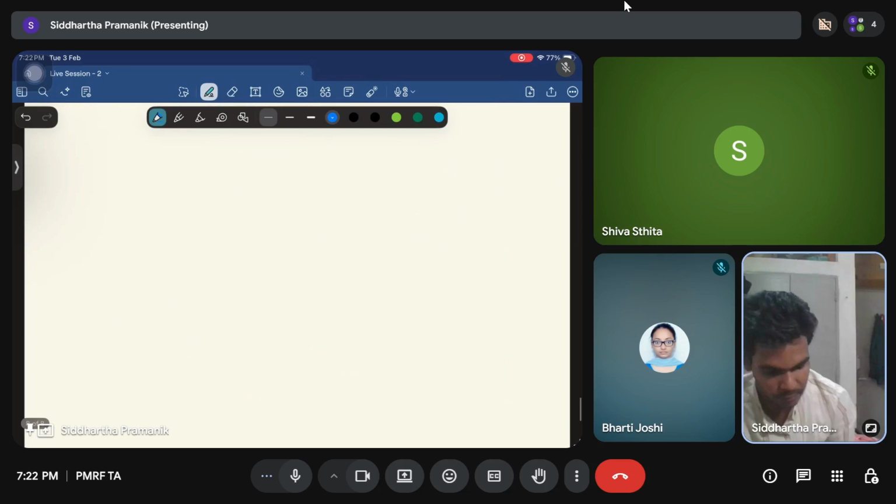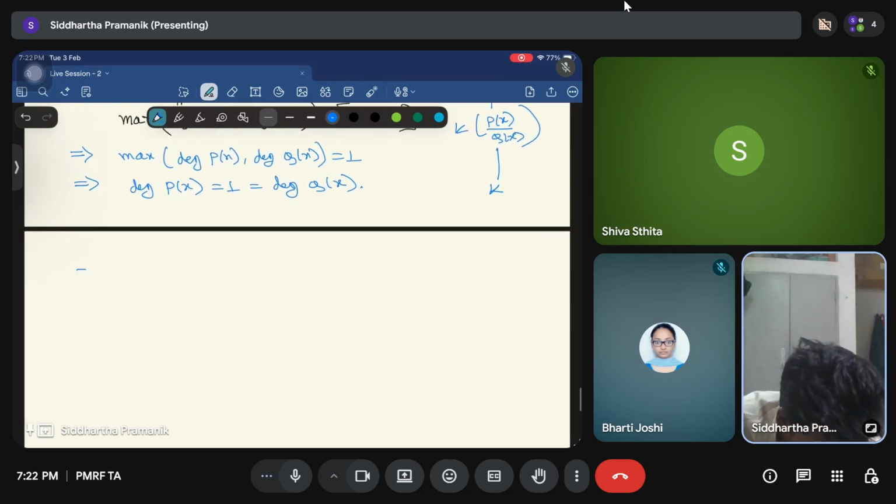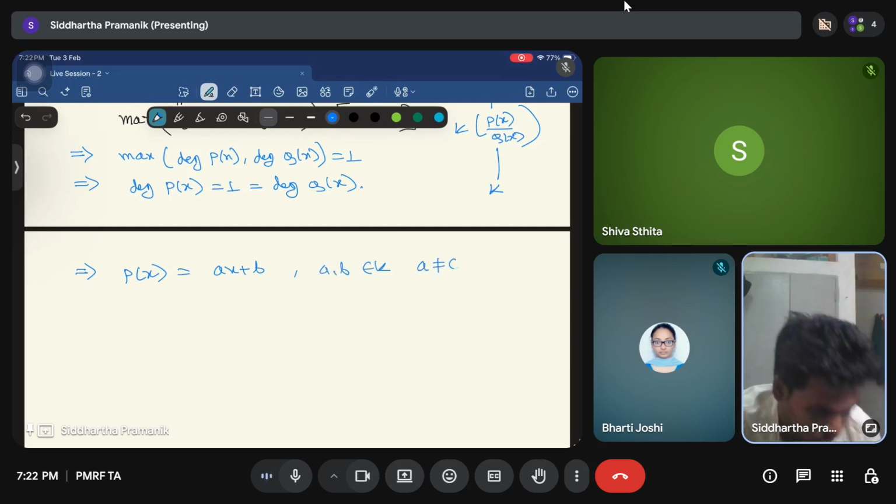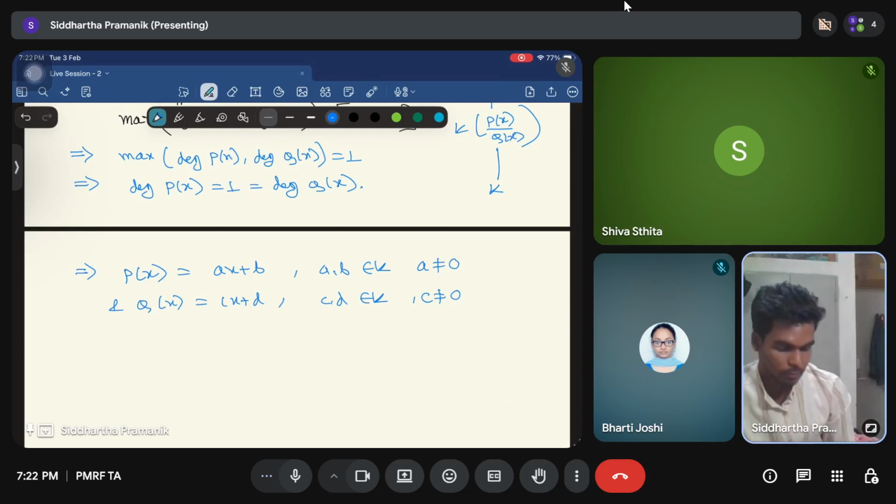So the proof almost ends here. This means p(x) has to be some ax plus b, where a, b belong to k and a is non-zero because this degree is 1, and q(x) is also some cx plus d, where c, d belong to k and c is non-zero.